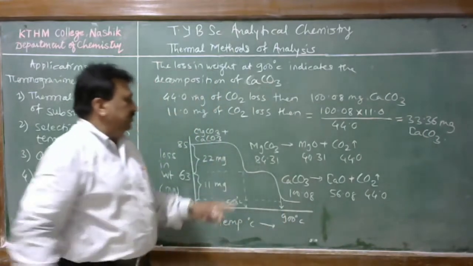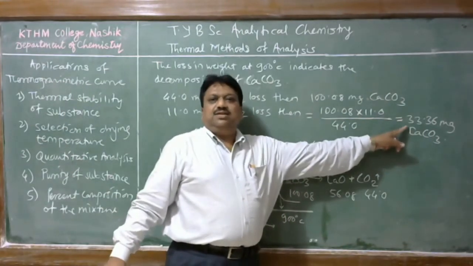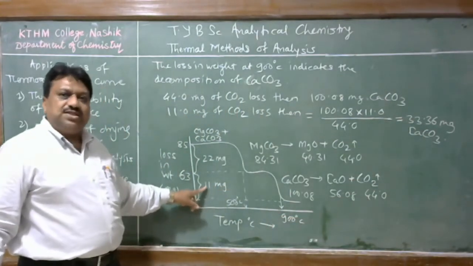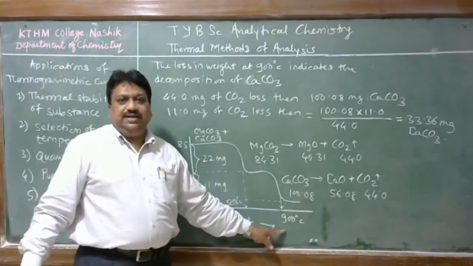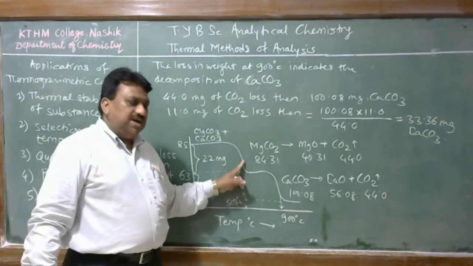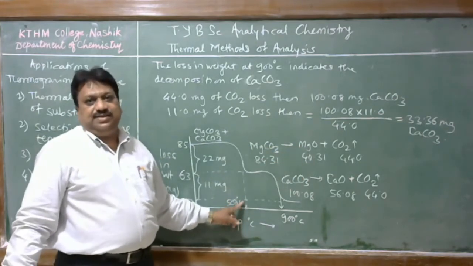That we can determine from the loss in weight at 900 degrees centigrade. The amount of magnesium carbonate is determined by the loss of carbon dioxide gas at 500 degrees centigrade.